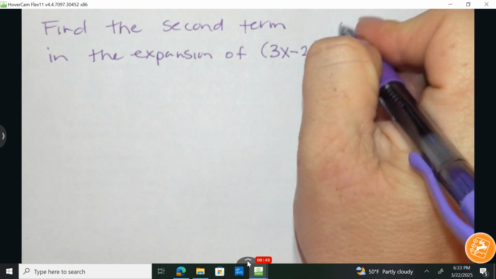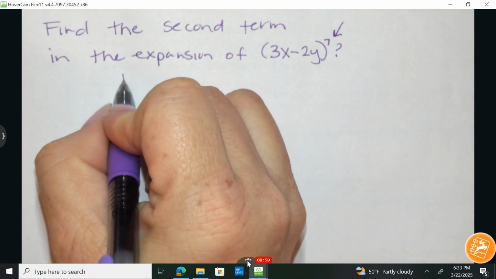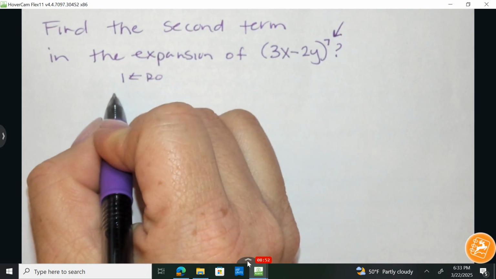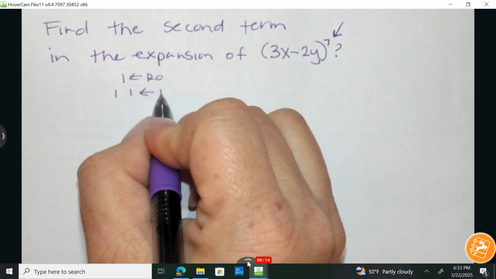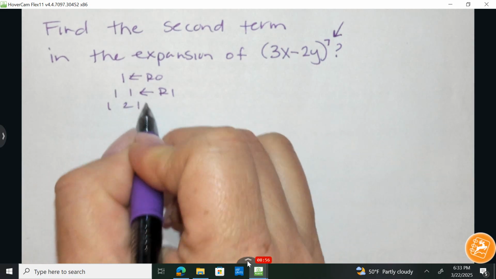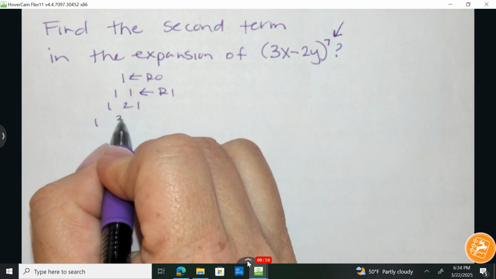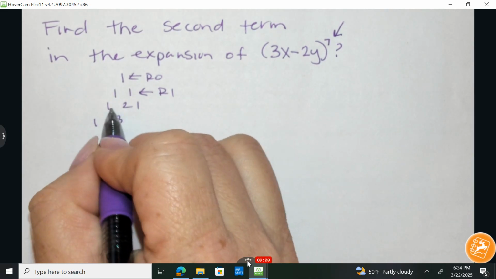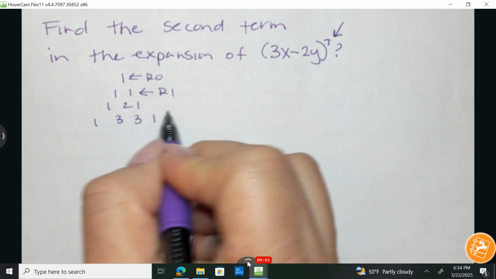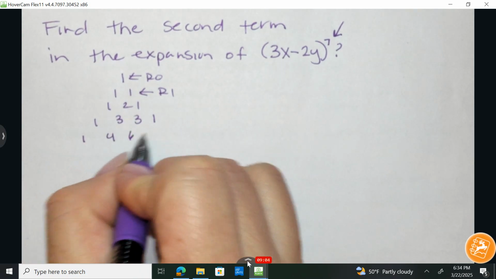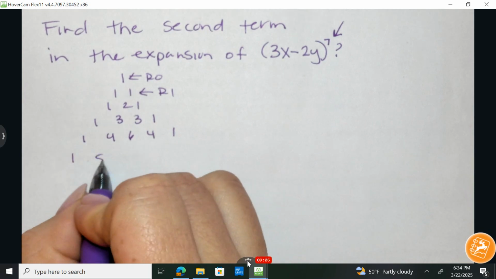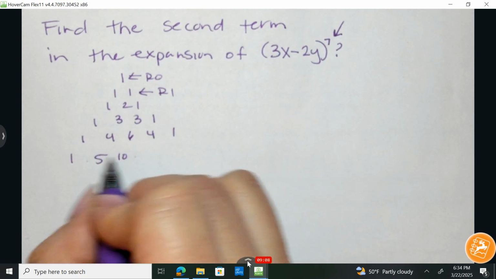Okay, but notice this is to the 7th, so that's like row 0, and this is going to be row 1. 1, 2, 1, 1, 3, let's see here. 1, 3, 3, 1, 1, 4, 6, 4, 1, 1, 5, 10.